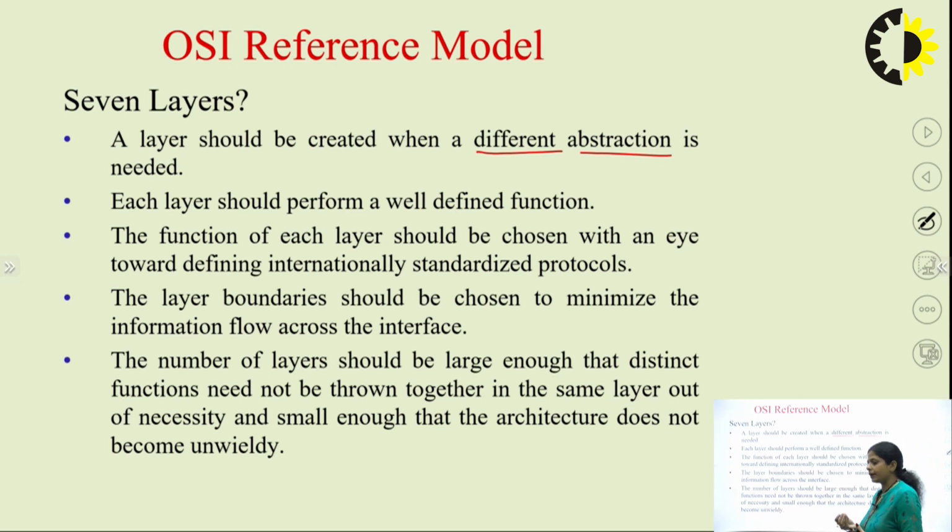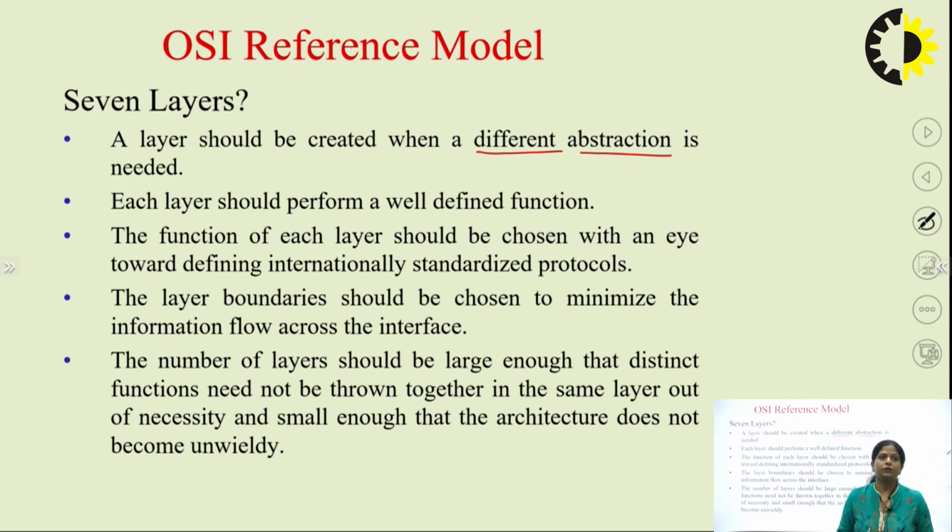Whether there is an error, whether the signal which we are receiving or which is traveling is somewhat attenuated. What will happen in that case? Whenever a different functionality needs to be performed, we need to design a layer, right? So the layer should be created when a different abstraction is required.